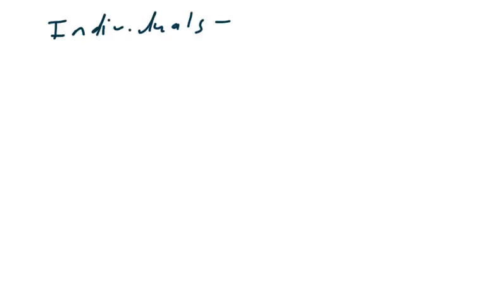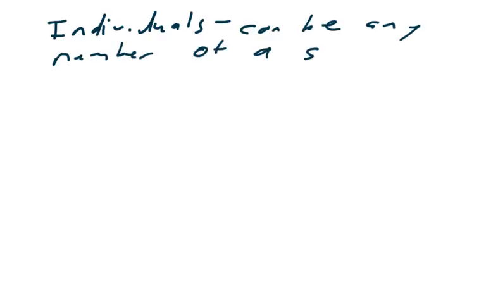Alright, today we're going to talk about the beginning of statistics, and the first thing we're going to talk about is what are individuals. And individuals basically can be any member of a set or group.